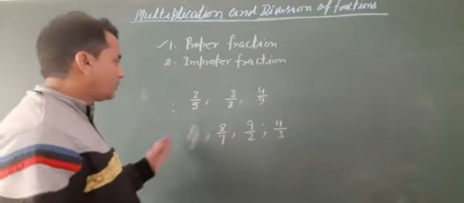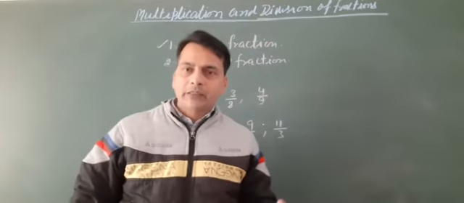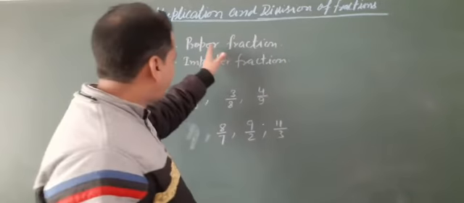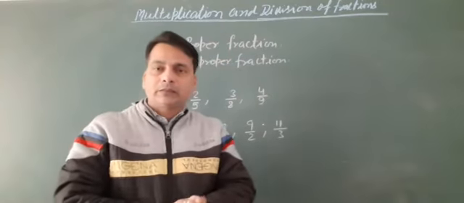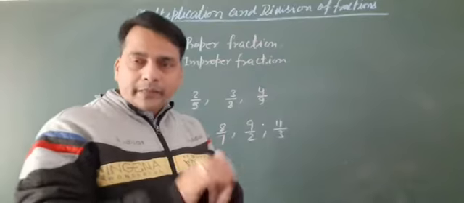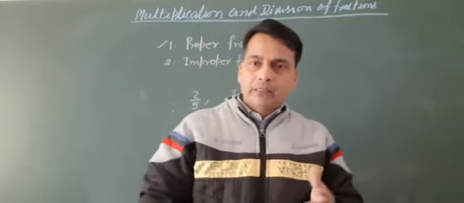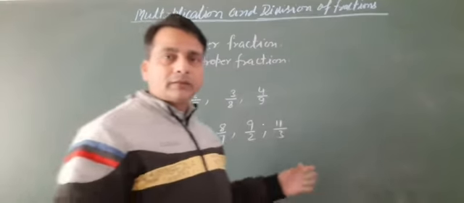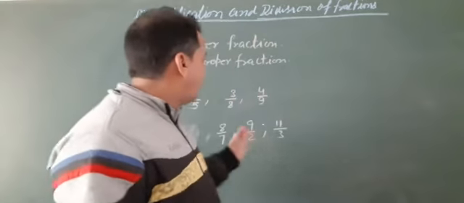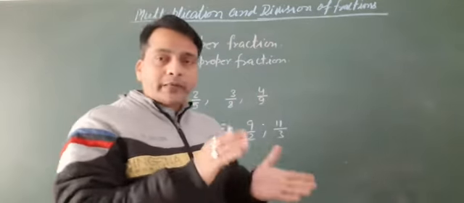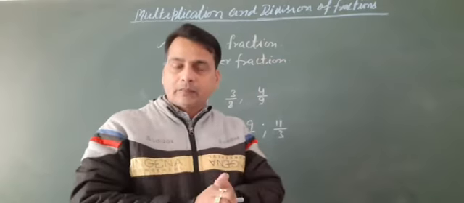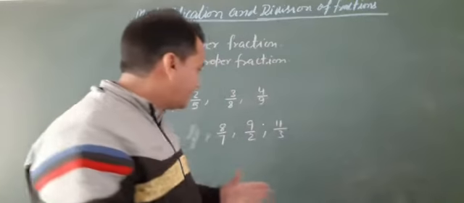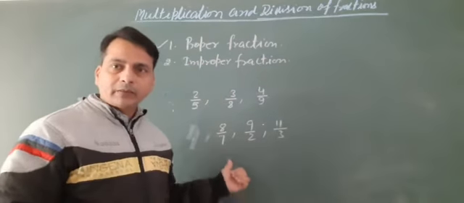So here are some examples of proper and improper fractions. If the numerator is less than the denominator, that fraction is called a proper fraction. And if the numerator is greater than the denominator, this fraction is known as an improper fraction.